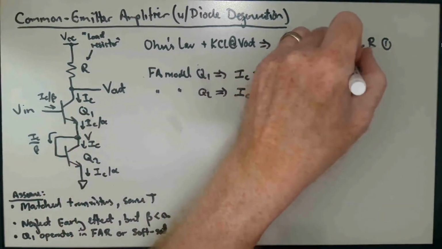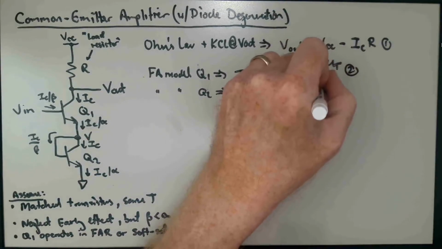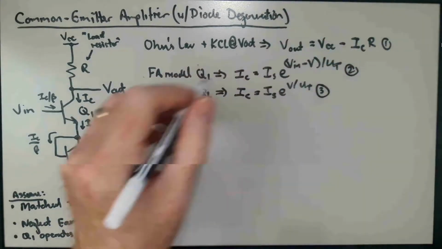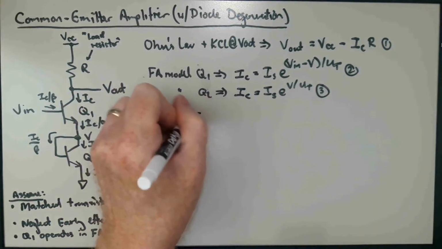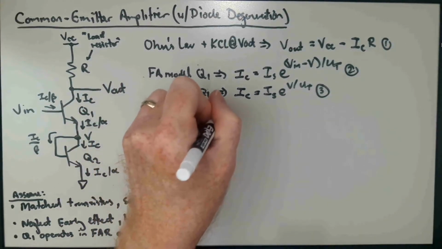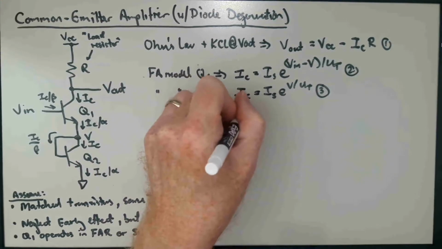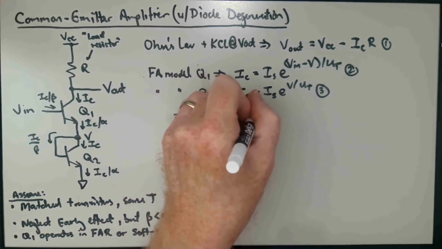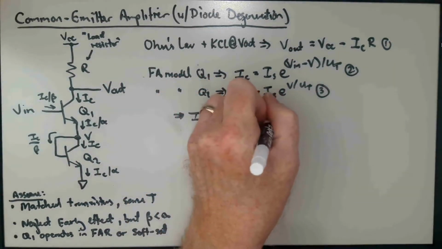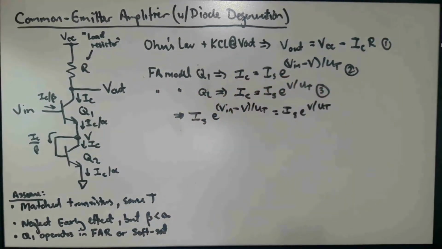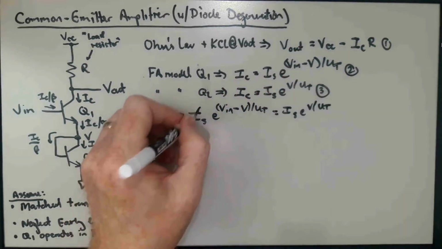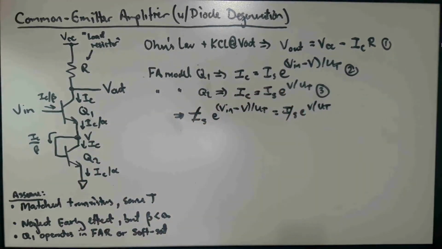Well, maybe I need the 2 and the 3. I may need to go back and substitute. So those two imply that IS e to the Vin minus V over UT is equal to IS e to the V over UT. Well, we can cancel the IS's, the devices match.